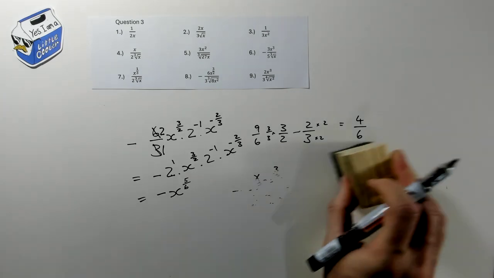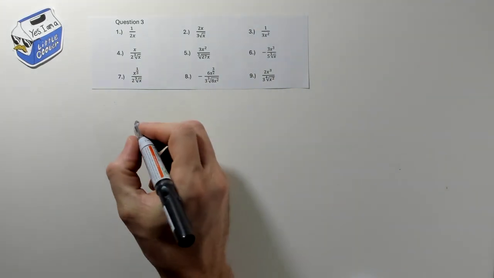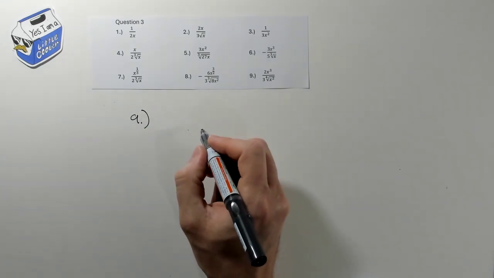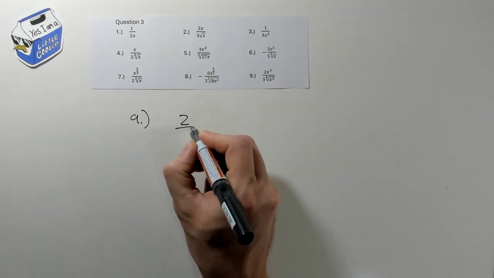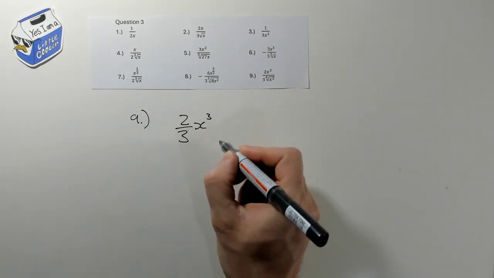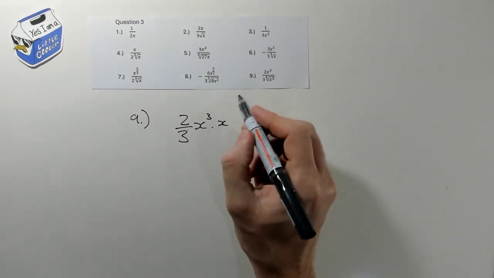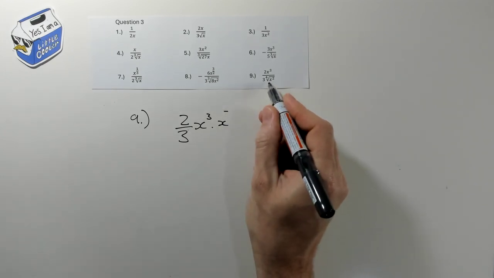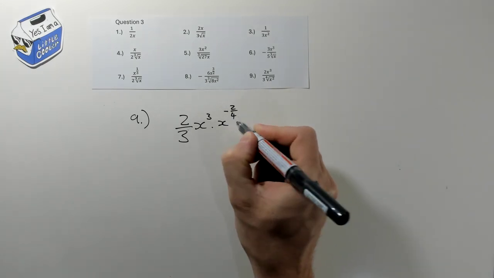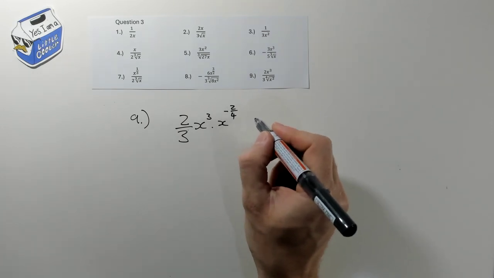And then 9, the last one here, I'll have 2/3 again. I'll put the x to the power of 3 at the back, and then times x, this is power over root, so it's negative because it's coming from the bottom, 2/4, power over root, and that would just be a half, right?